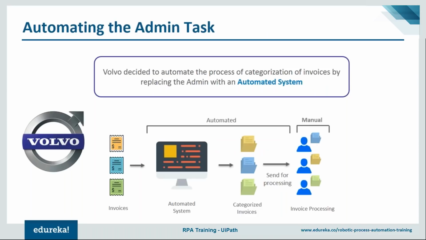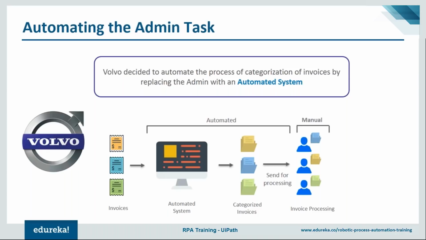What Volvo did was remove the administrator and automate that system. So they automated the part of categorizing the invoices based on the subject lines of the mail which had the invoices. Because as technology advanced, they got to know that there is technology wherein computers can read the subjects of the mail and then decide which category it will go into.